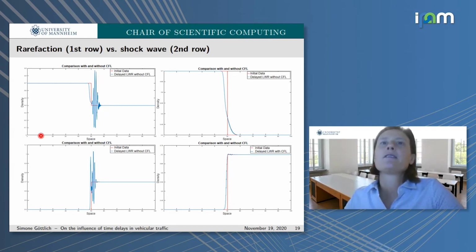And you see these silly oscillations. If you now apply the CFL condition we have derived, you see we are in a fine setting again. This is also true for the shock wave in the second row. So there's a really strong need to work with this new appropriate CFL condition.